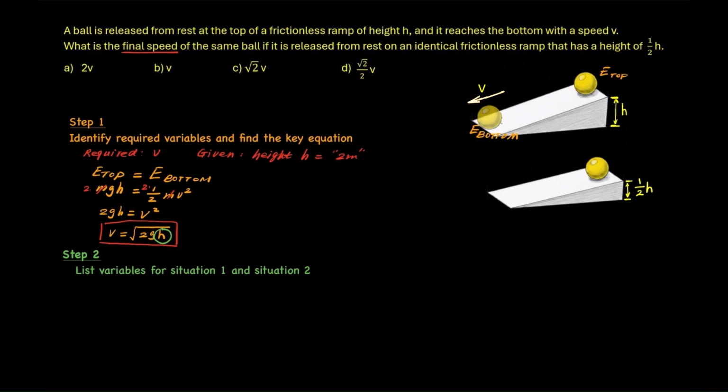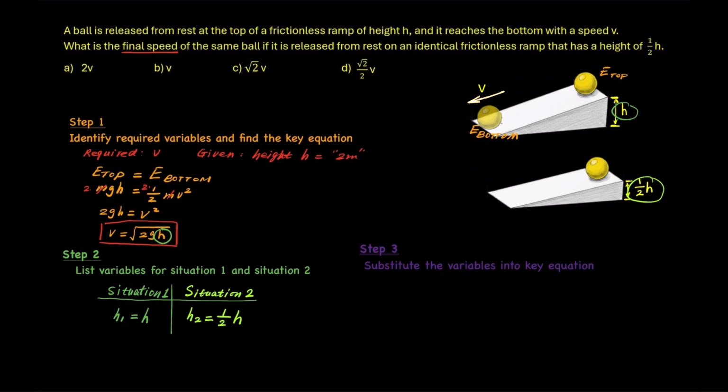The height h is our independent variable that eventually drives the change. Now let's list the variables in both situations. For the first situation, we have h1 equals h, and for the second situation, h2 is 1/2h. This is pretty straightforward, right?